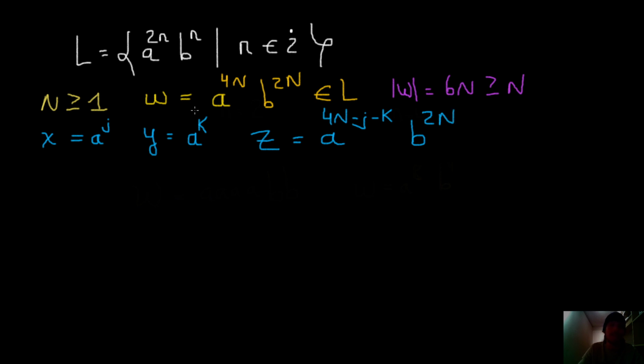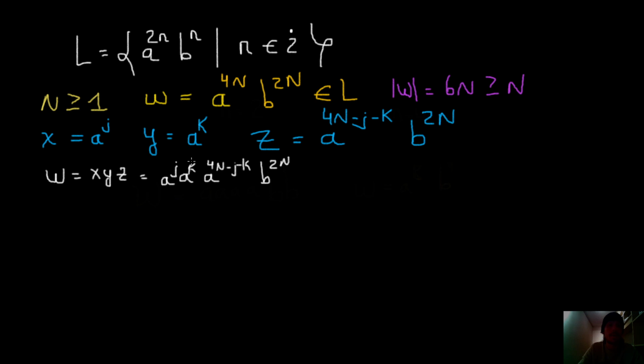Again, if you do this concatenation, we are representing w as the concatenation of x, y, z. So what is this concatenation? It is a raised to j, a raised to k, and then z, which is a raised to 4 times n minus j minus k, concatenated with b raised to 2 times n.